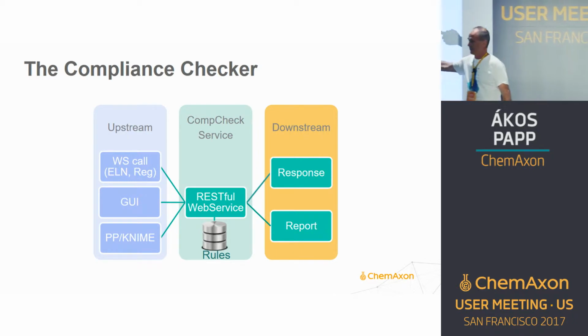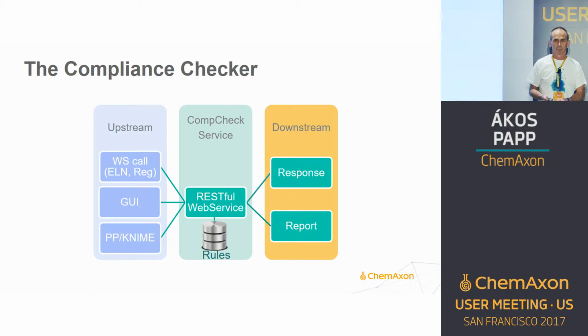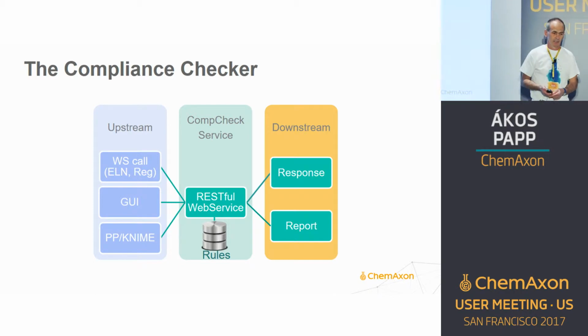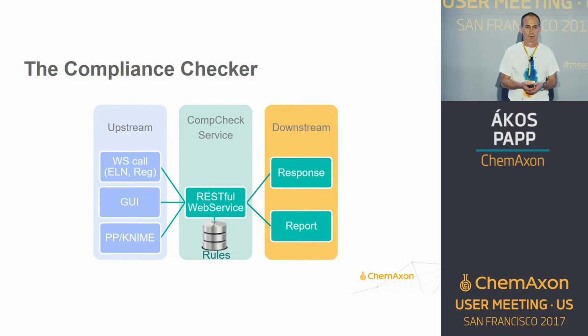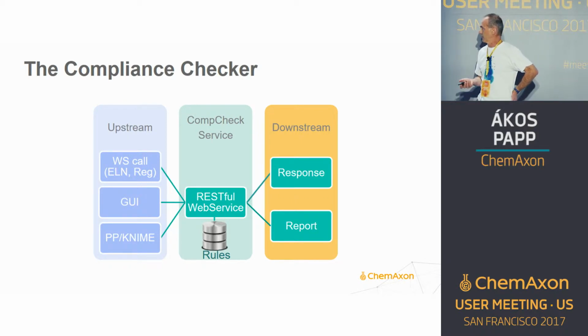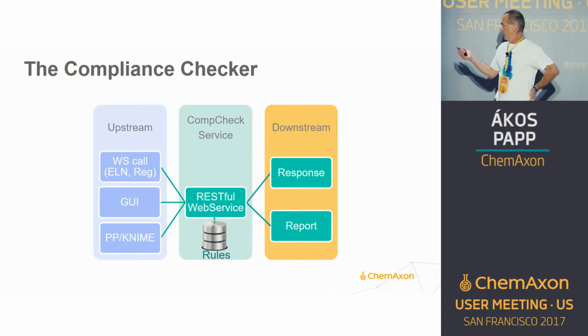In the middle of this whole system is a RESTful web service that is using a knowledge base of rules that can find if the input structure is a match of any legislation. From the upstream, you can call this either from the GUI. I will have a lot of slides and videos on how it can be used from that point, but you can integrate this into your system, calling from ELN or a registration system.